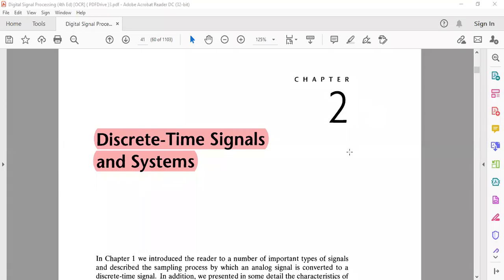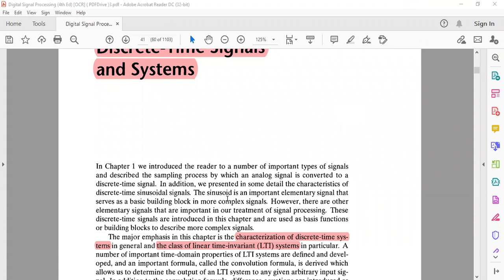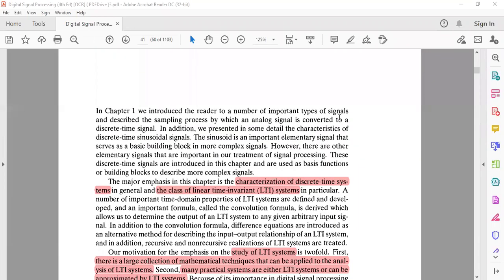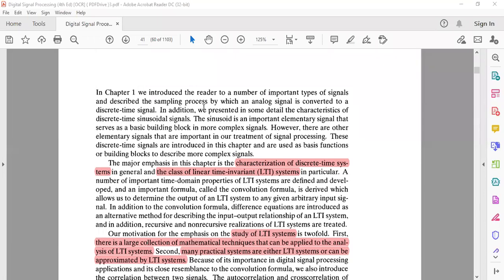So for this chapter, in chapter 1, we introduced the reader to a number of important types of signals and described the sampling process by which an analog signal is converted into a discrete signal. That is what sampling does. Sampling helps you to convert an analog signal into a discrete signal, okay?